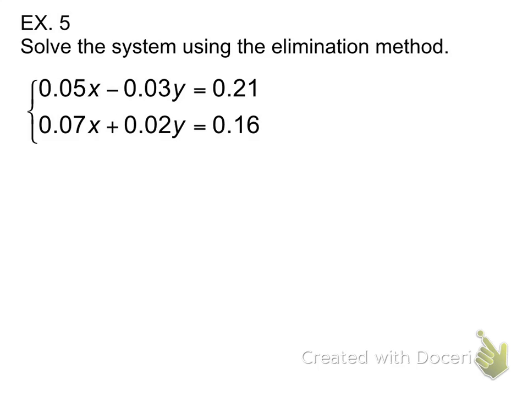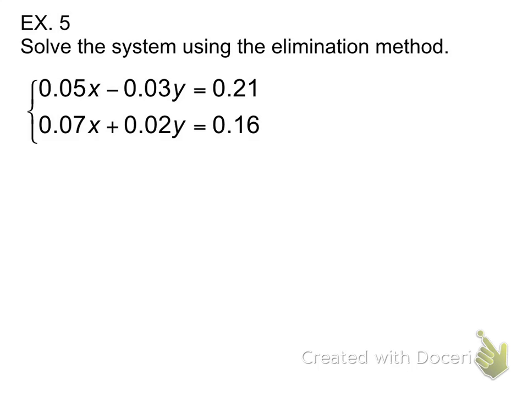Okay, so in example 5, this one looks a little scary just because we've got these weird looking decimals here. Well, you can always change an equation. If you multiply something times everything in the equation, then it's okay. It's technically the same equation. You can think of it two ways: I can multiply everything in the equation by 100, or just move the decimal over 2 places for every number.